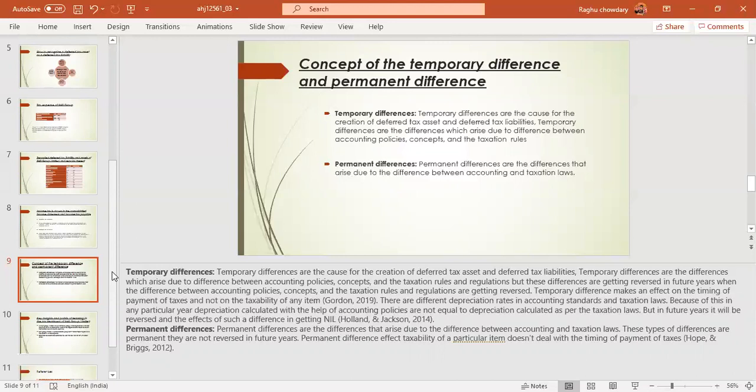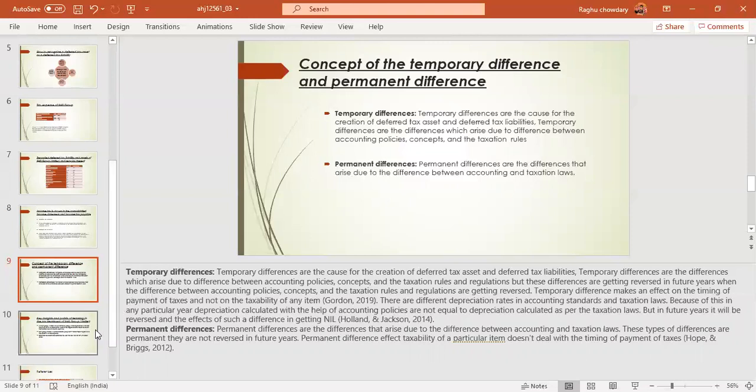This can arise due to differences between accounting policies and concepts and taxation rules. Sometimes these accounting and taxation rules may not align at a time, so due to the conflicts, temporary differences can be produced. And permanent differences are the differences that arise between the accounting and taxation laws.